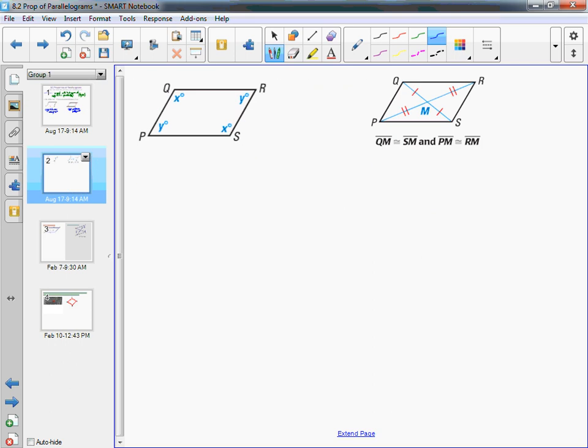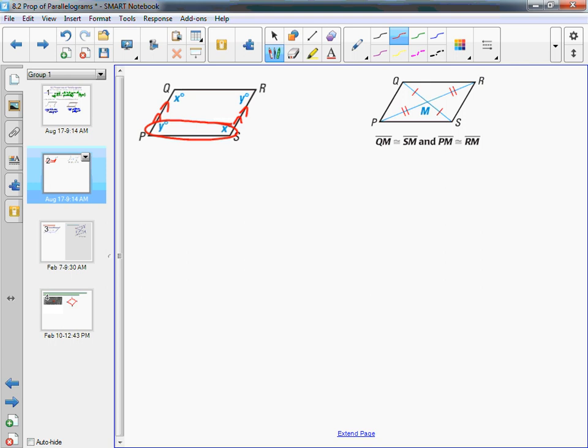Two more properties. These ones aren't as clear as the last two. What happens with a parallelogram is we know that these sides are parallel, which makes these two angles consecutive interior angles. It also works that these two sides are parallel, which means these two angles are consecutive interior.